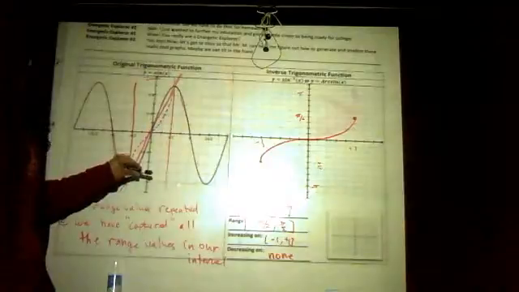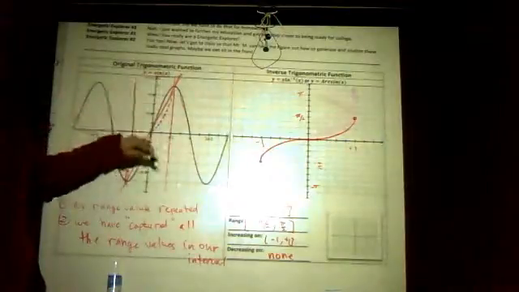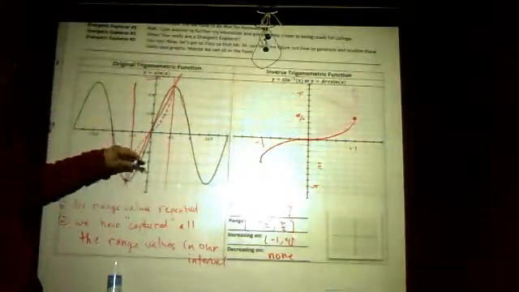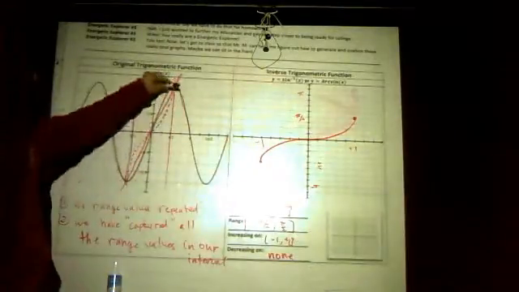Because when I did the horizontal line test, for every range value of my sine of x, the horizontal line cannot pass through the function more than one time for the inverse to be a function. That only occurs from negative pi over 2 to pi over 2.